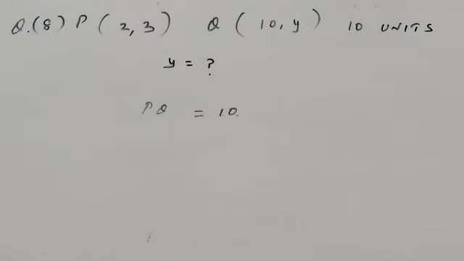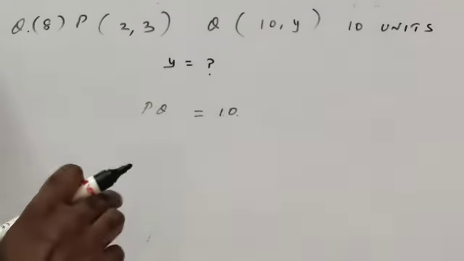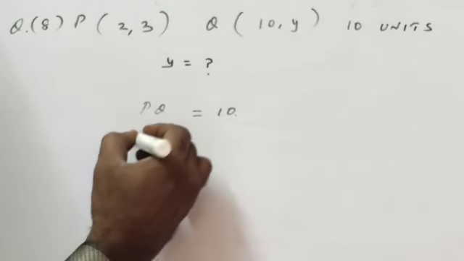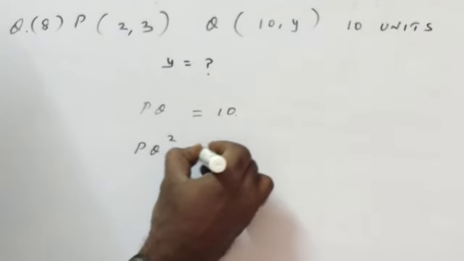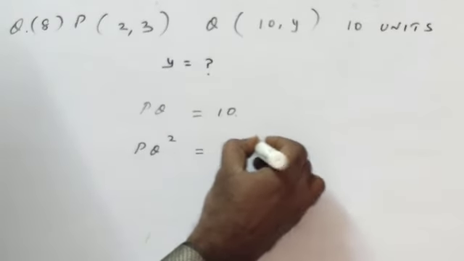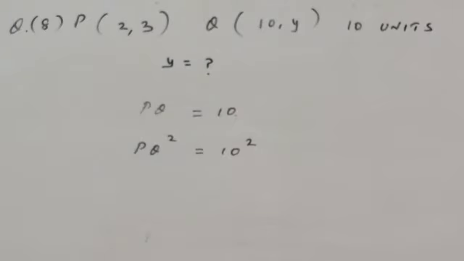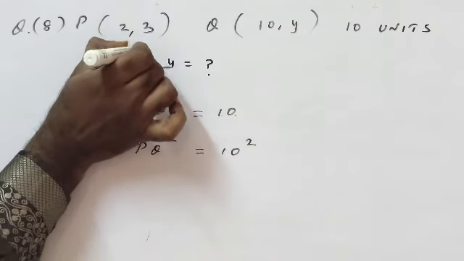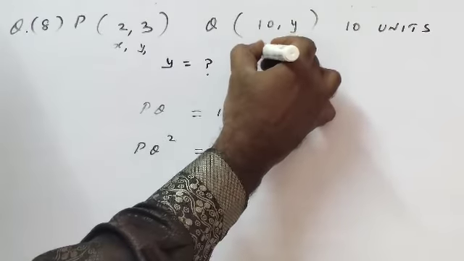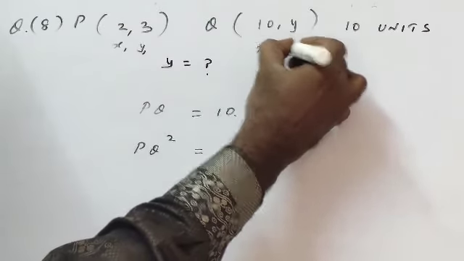We know the distance formula, square root of x2 minus x1 the whole square plus y2 minus y1 the whole square. To eliminate the square root, just square on both sides, PQ square equal to 10 square. Now consider P 2 comma 3 as x1 y1 and the point Q as x2 y2.